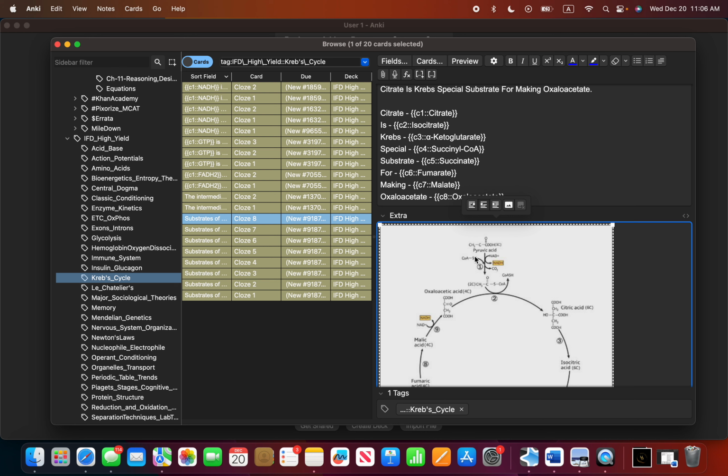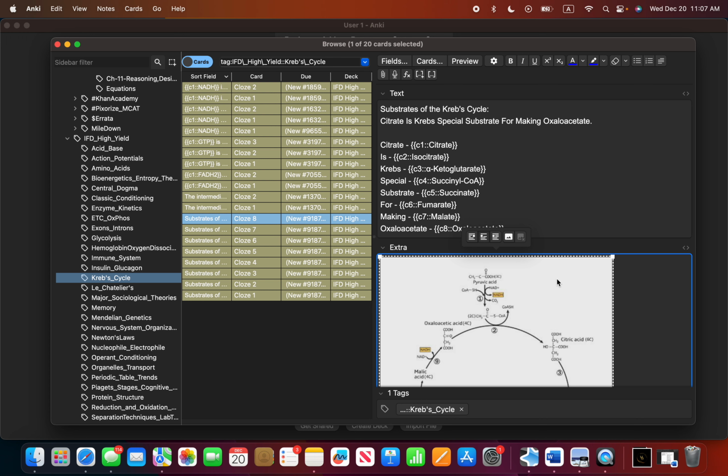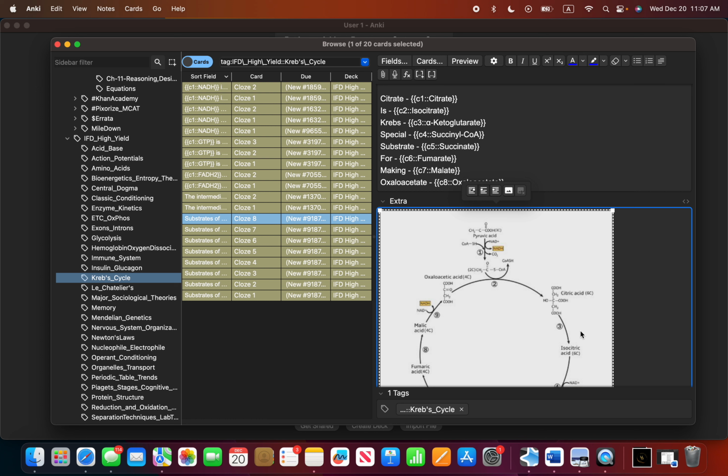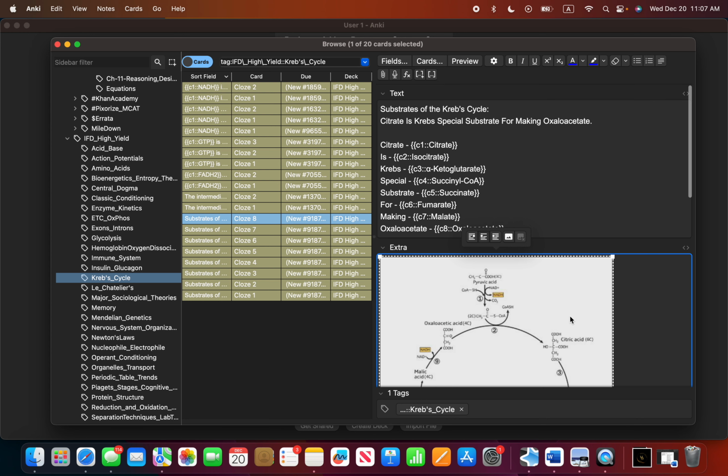Okay, so definitely step 1 is the pyruvate turning into acetyl-CoA, and then acetyl-CoA turns into citric acid, right? So if you start from citrate, you know that I is for isocitrate. Cool, nice. Isocitrate. Krebs, alpha ketoglutarate. Cool. I'm not looking, by the way.